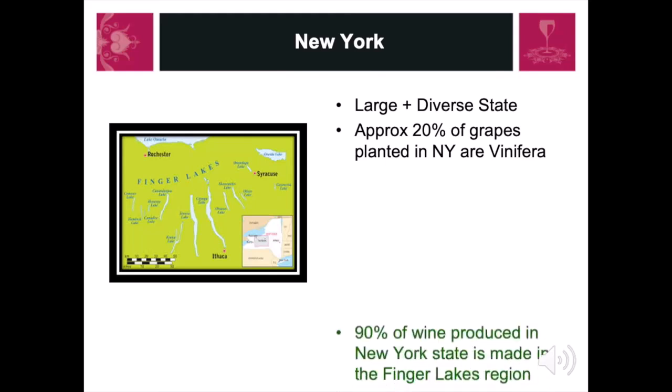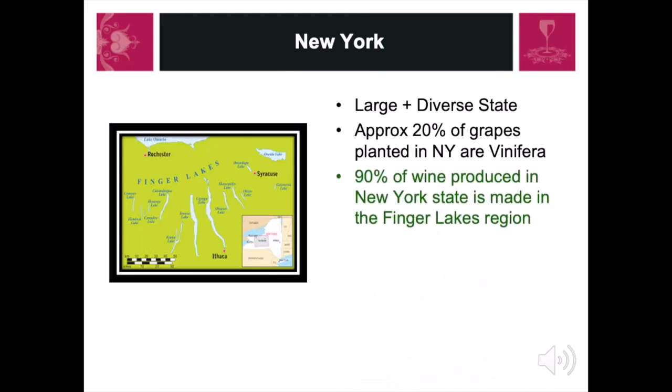20% of the grapes are planted to vinifera. 90% of the wine produced in New York is made in the Finger Lakes. Now, I'd just like to be really clear that that's a huge number for New York. It shows us really how small the Hudson River region and Long Island are comparatively, but it also speaks to the fact that the vineyards to the north and the west are really vineyards for fruit and juice rather than wine.